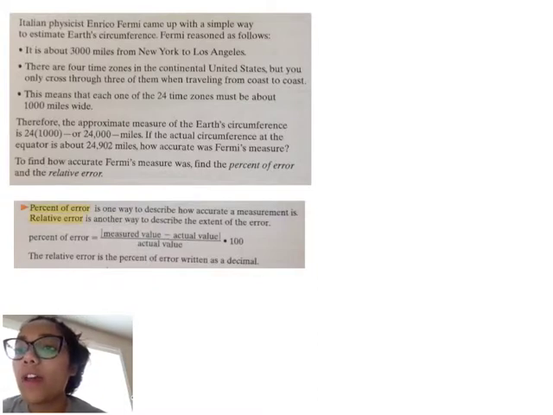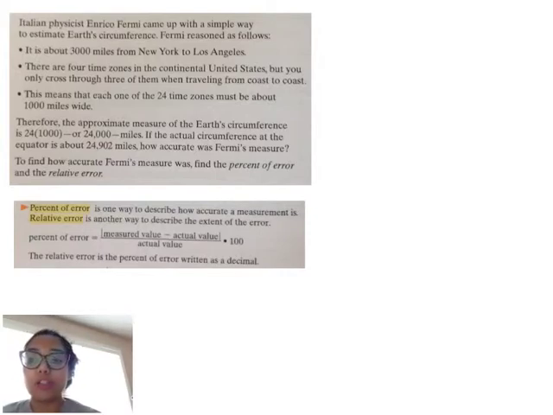So 24,000 minus 24,902 all over 24,902 times 100. If you type this in your handy dandy calculator that you're able to use, you should get 3.6 tenths percent. You need to round to the nearest tenth.